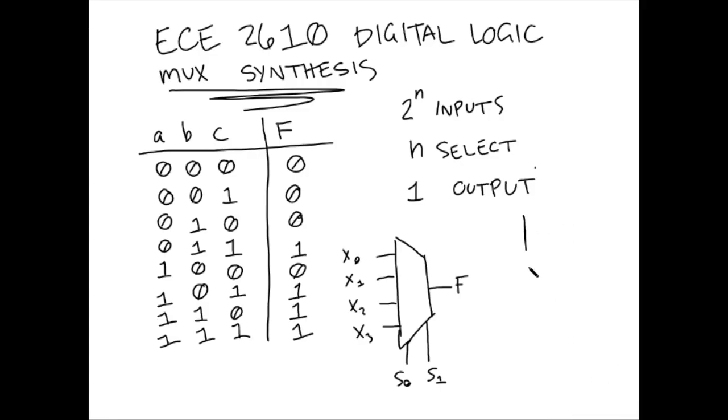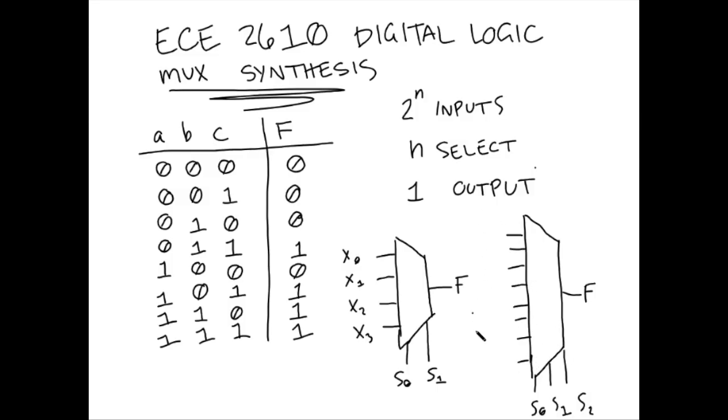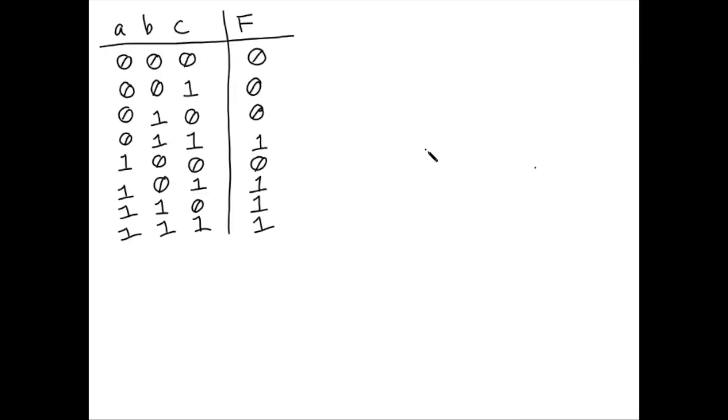So in the same way, we could scale this up even bigger to an 8-1 multiplexer, which is going to have 3 select lines and 8 inputs. And then we'd have all the same inputs, and we'd use 3 bits to select which one we want to send to F.